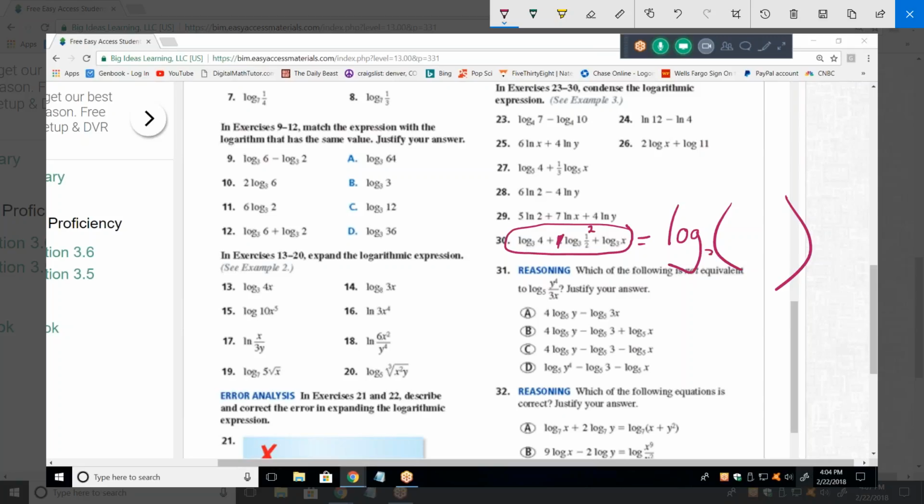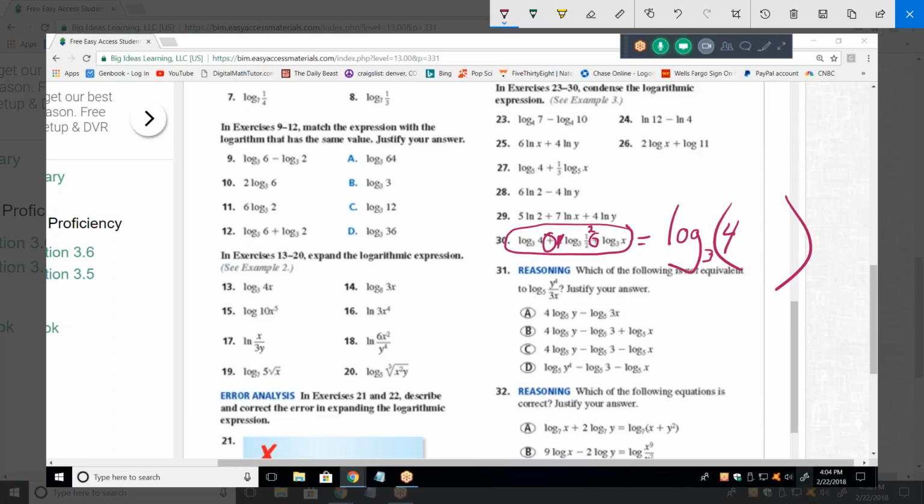So it's log base 3. You can only do this if it's the same base. If that one was base 3 and the other was base 5, you couldn't apply any of these rules. Right. So it's 3 additions, so 4 and 1/2 squared.